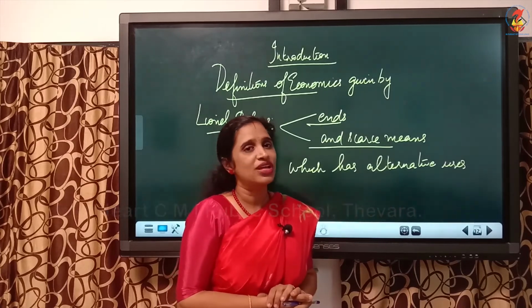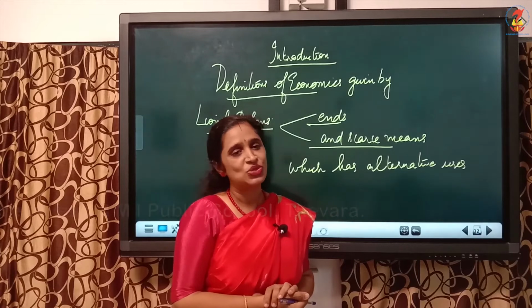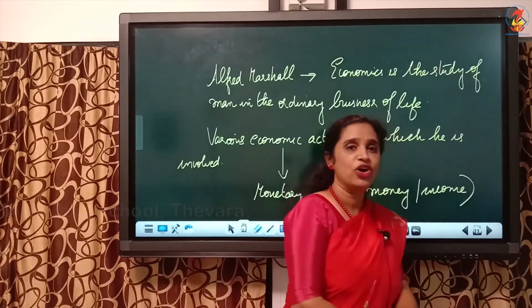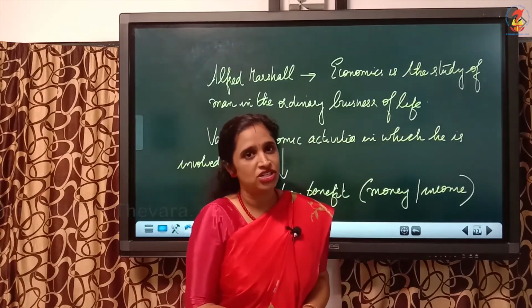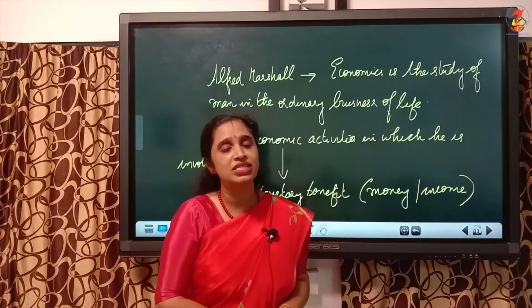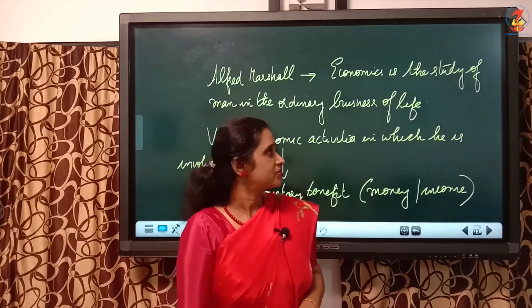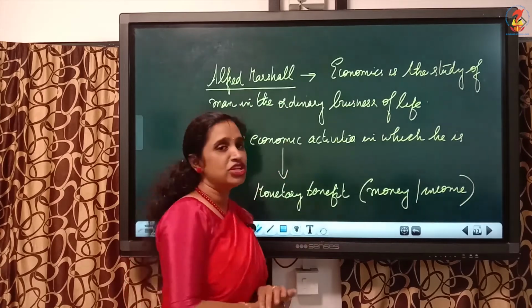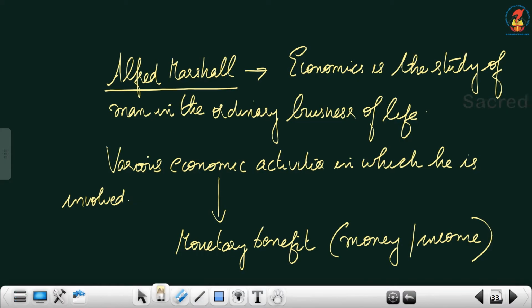So this is what Lionel Robbins has made us study about economics. Now that is explained in your chapter 1 introduction in the Statistics for Economics textbook, and the textbook that we follow is NCERT.